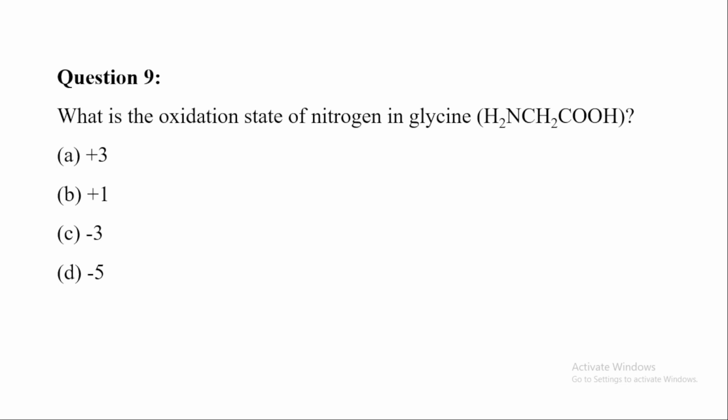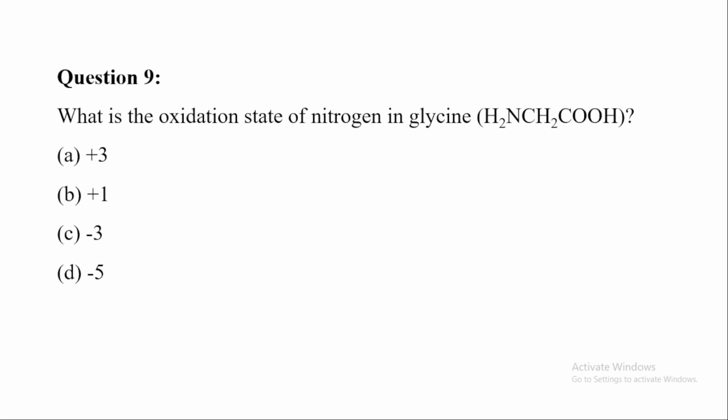Now, between nitrogen and carbon, which is more electronegative? If you see, nitrogen is more electronegative. So, the nitrogen will withdraw the electron towards it, giving the carbon a slightly positive charge and giving the nitrogen a slightly negative charge. Since it's one carbon, it will get a +1 charge, and that means the nitrogen will get a -1 charge.